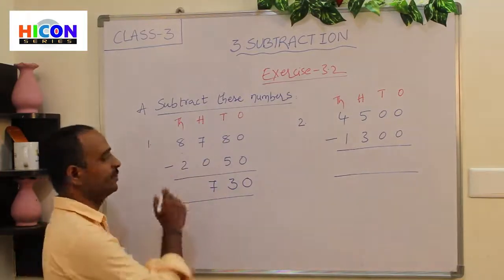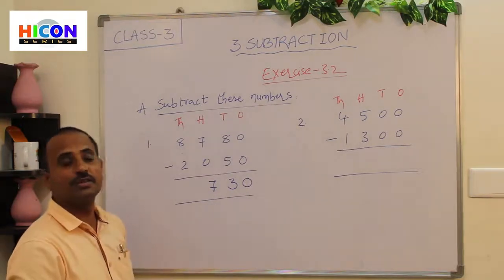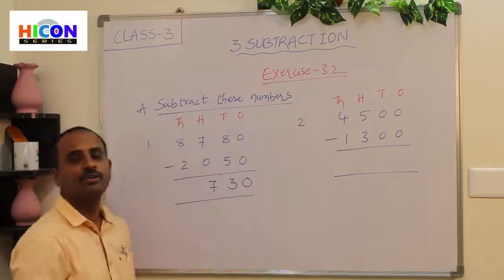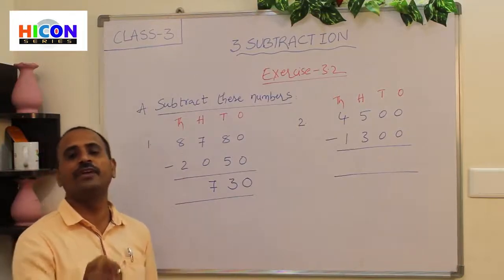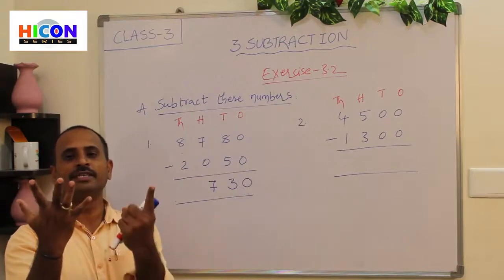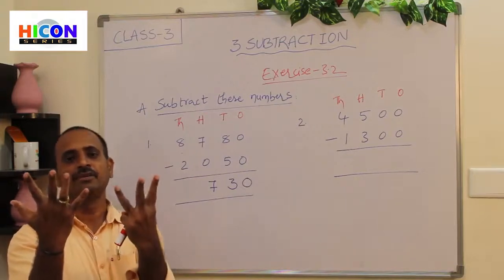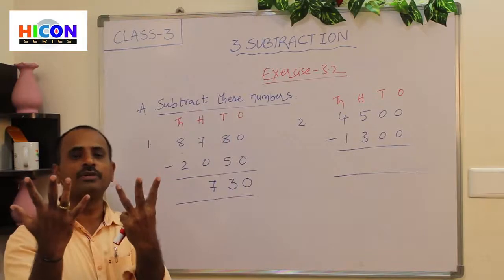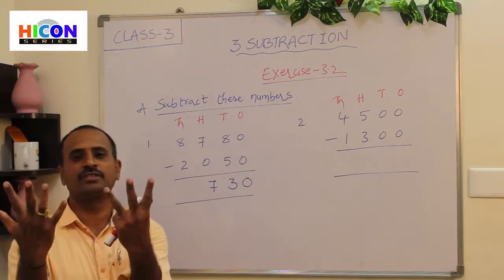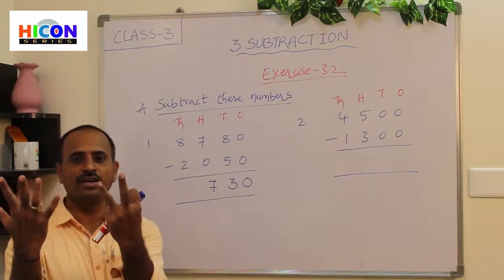Now go to thousands place. What are the digits under thousands place? 8 and 2. What is the first number? 8. So open 8 fingers of your hand. 1, 2, 3, 4, 5, 6, 7, 8. What is the second number there? 2. So close 2 fingers among these 8 fingers. Children, see, I am closing 2 fingers. 1, 2.